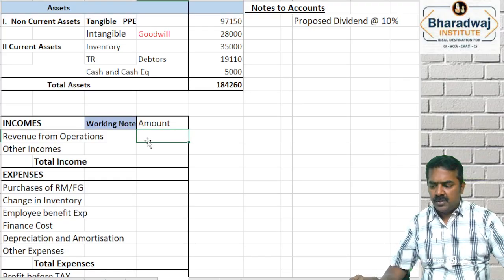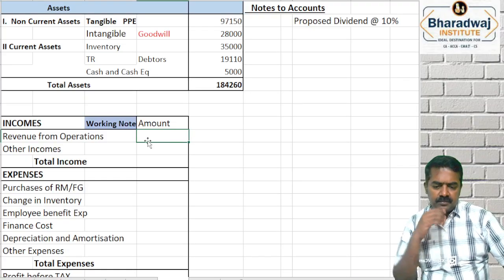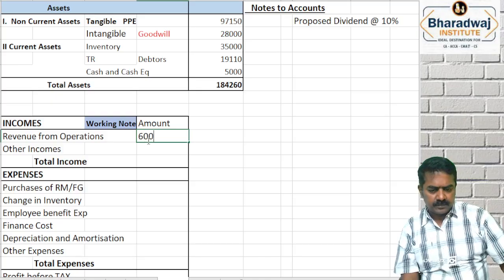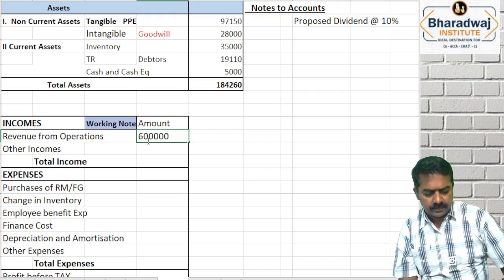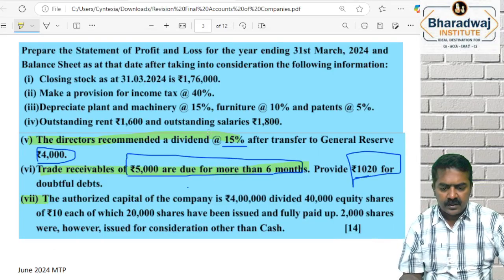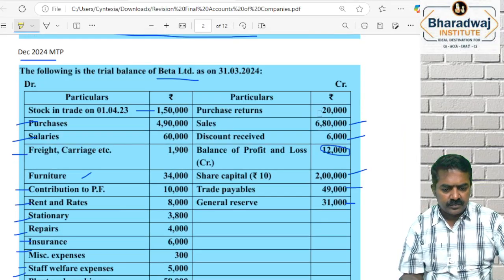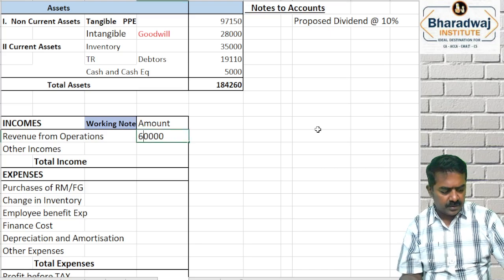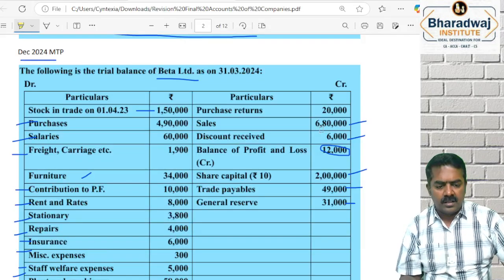What will come under revenue from operations? Sales. What is the sales? 6 lakhs 80,000. Other income. This discount receipt will come.